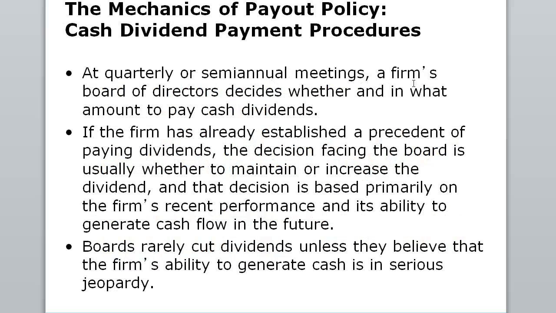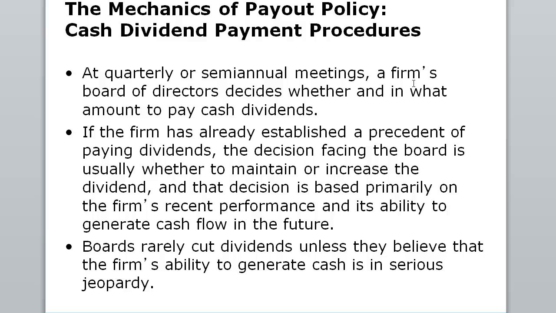Okay. Mechanics of payout policy, cash dividend payment procedure. So there is a procedure for paying out dividends. At a quarterly or semi-annual meeting, a firm's board of directors needs to decide the amount of dividend they want to pay.